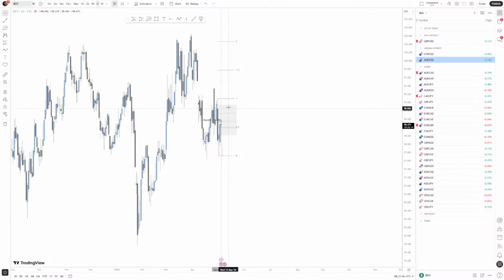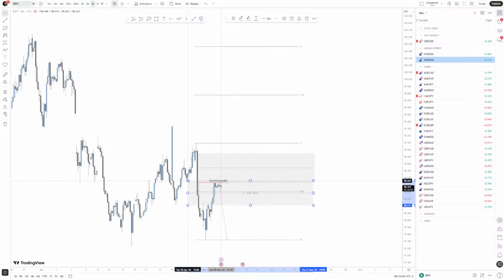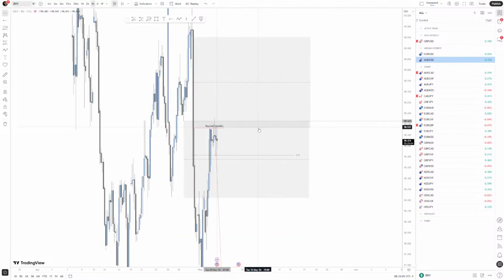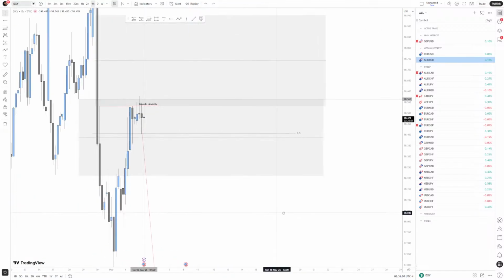The reason is being within this range from this high to this low, we have the equilibrium of which we're sitting above it. We've also filled this fair value gap right here. The high of it is with this candlestick, and we have swept it with this wick over here.